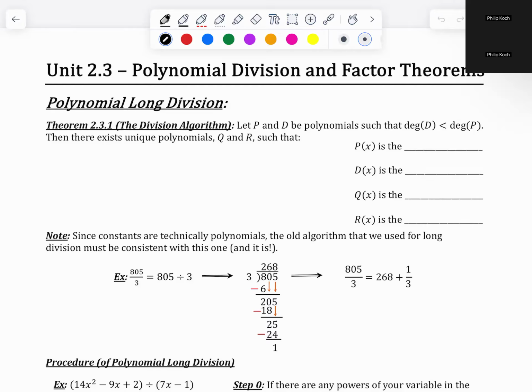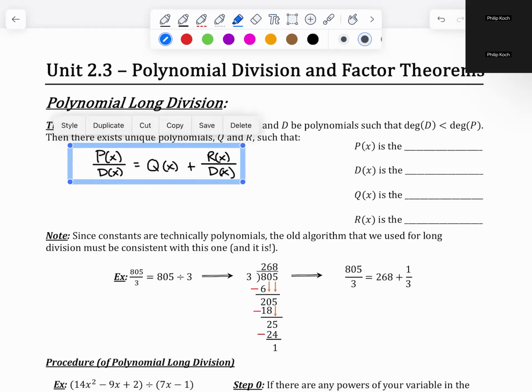So the division algorithm for polynomials is: let P and D be polynomials such that the degree of D is less than the degree of P. Then there exist unique polynomials, Q and R, such that the way that we're going to use it is that P of X divided by D of X is equal to Q of X plus R of X divided by D of X. That's the way we're going to work with this formula. That's the more applicable one.